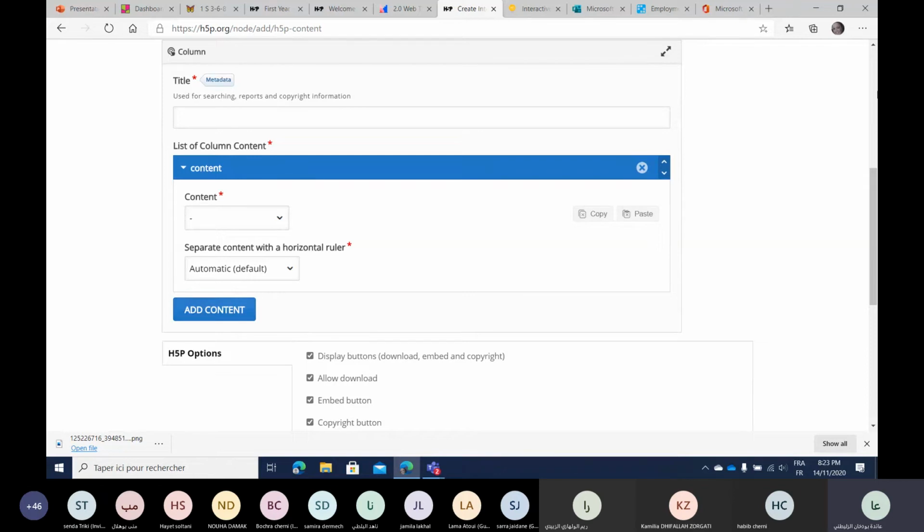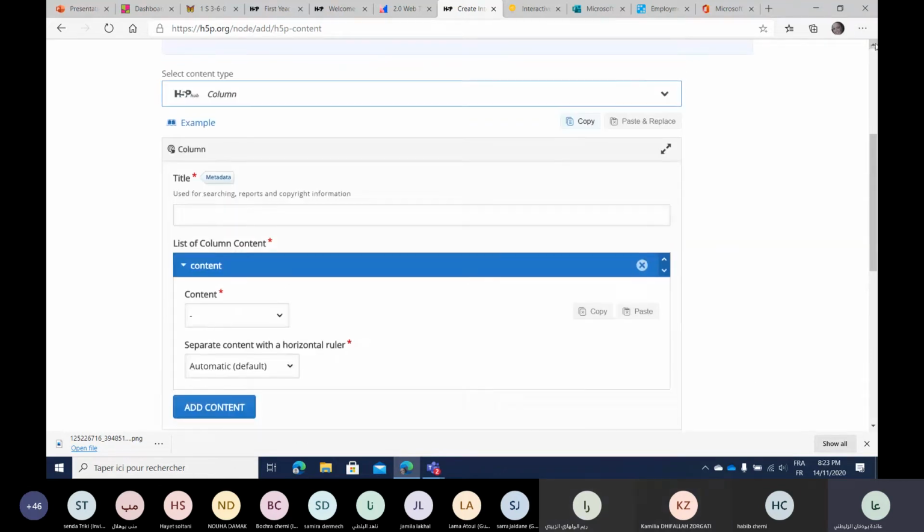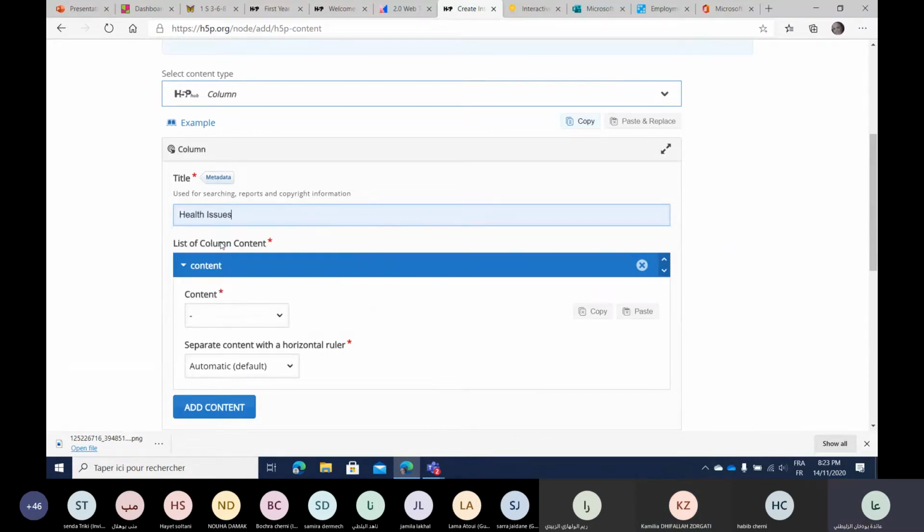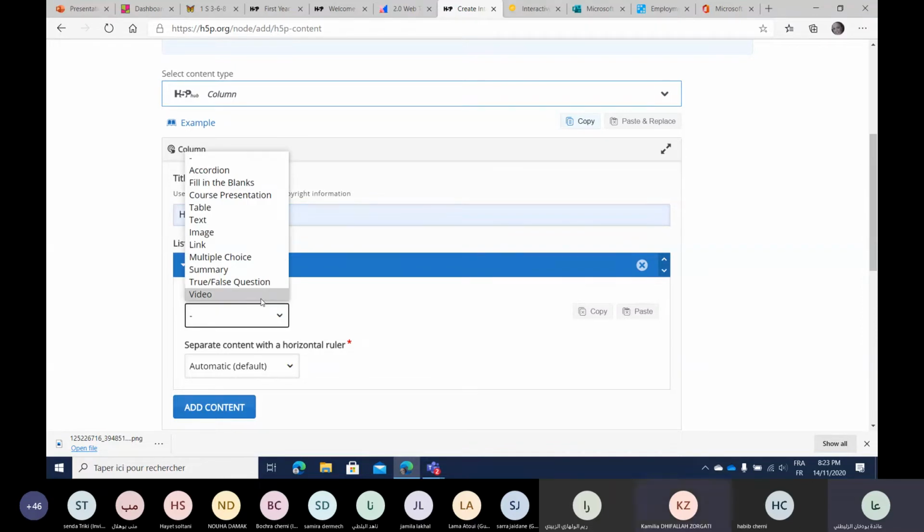You just have to click add content. First of all, we have to add a title, for example, health issues. Then I have to pick a content type here, either a video, a true or false question, a summary, a multiple choice. As you can see, it's a variety, not that rich, but very interesting anyway.